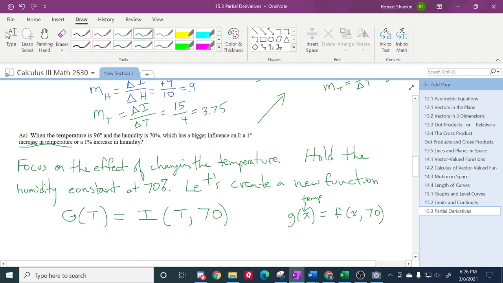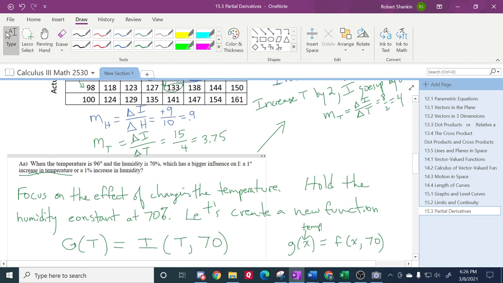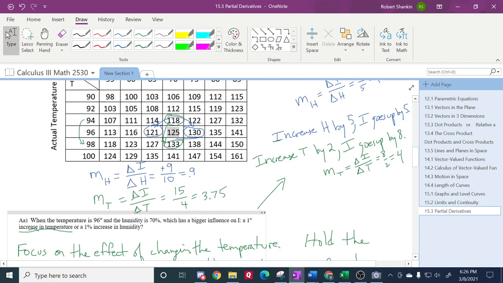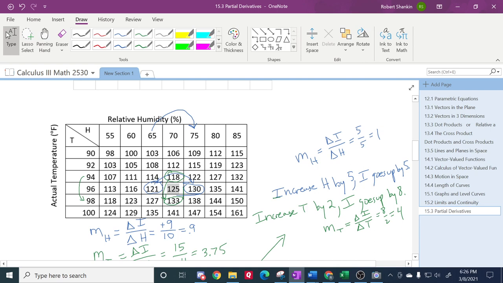Y is the humidity level. Now, when we're finding the effect of temperature, we are holding the humidity constant and we're making sure that we stay in this one column.